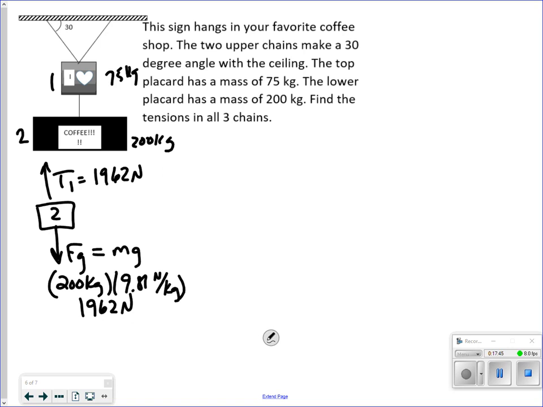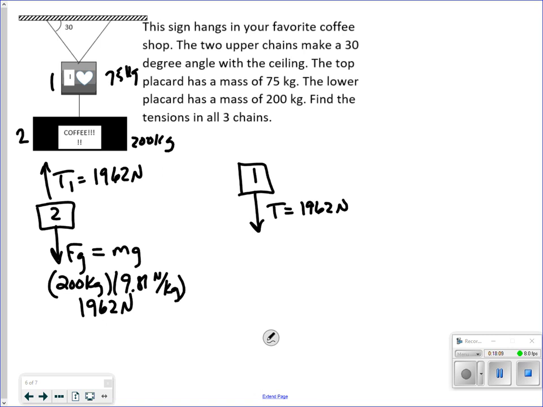All right, so now I've got those 2. Let's focus now on the other one. Here's placard number 1. It has tension trying to go down, that tension that we already know is 1962 newtons. It's the same rope. It's pulling up for the bottom placard, but it's pulling down for the top one, because it's going the other way.